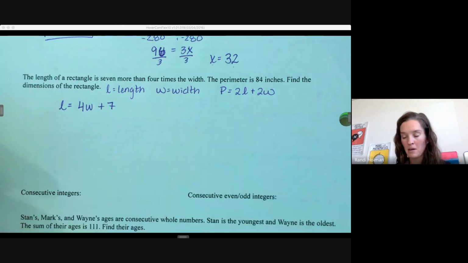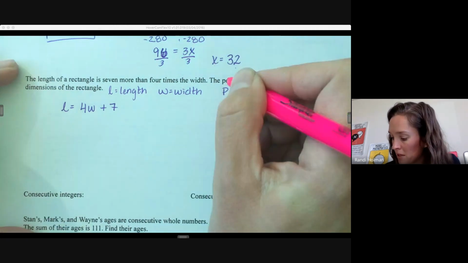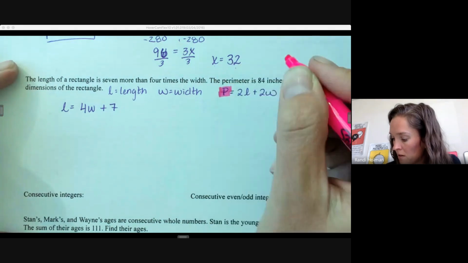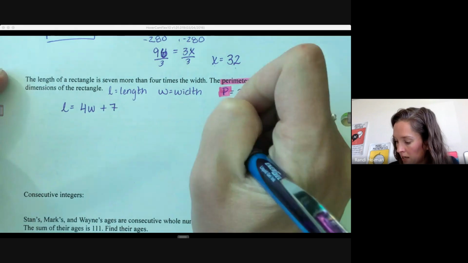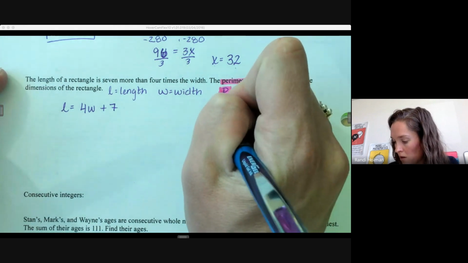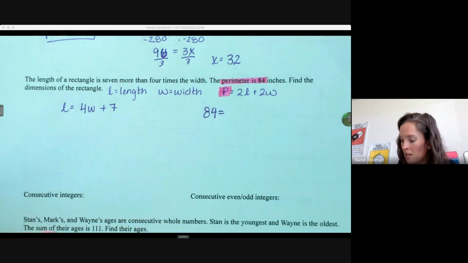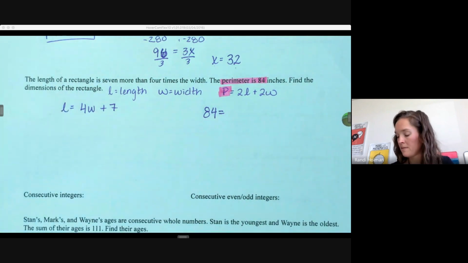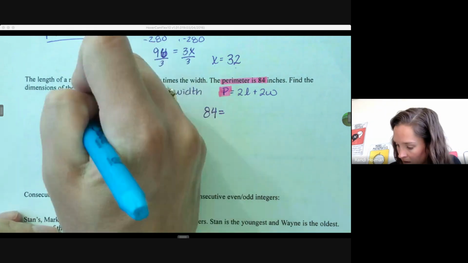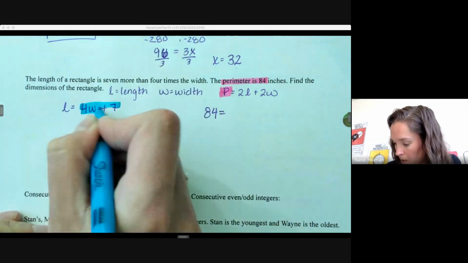So let's see if we can put this all together. I know the perimeter, let's get some highlighters here. The perimeter is 84. So in place of that perimeter there, I can substitute in 84. And I know L, the length here is 4W plus 7.